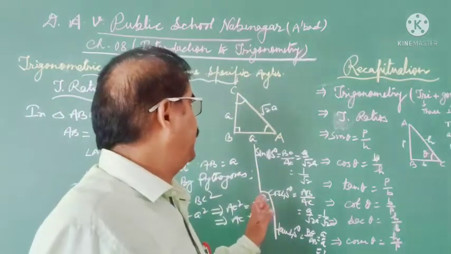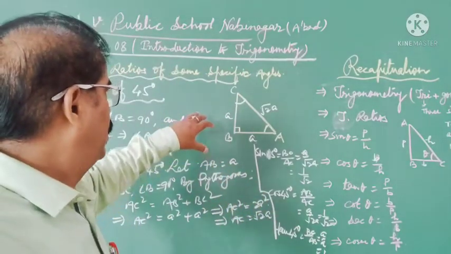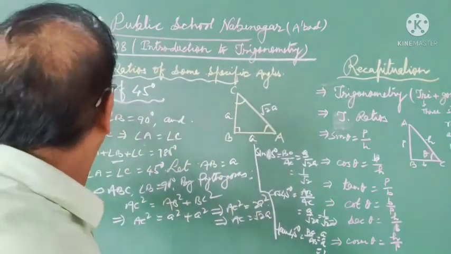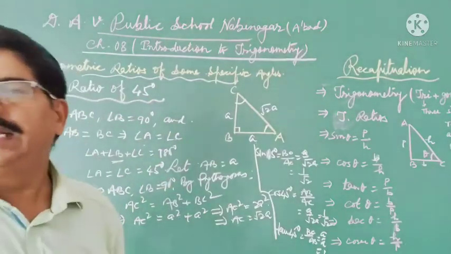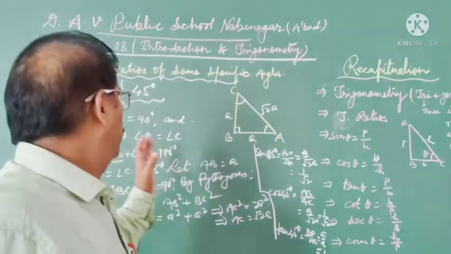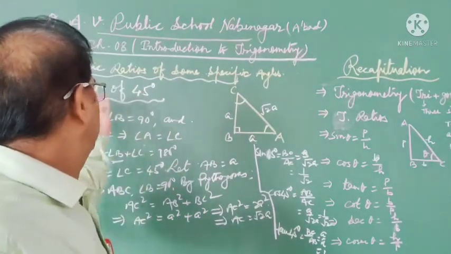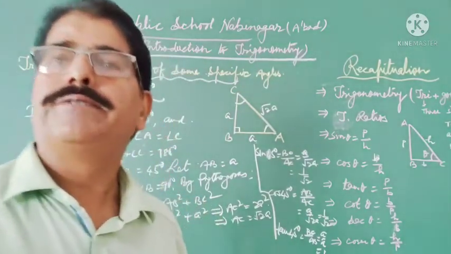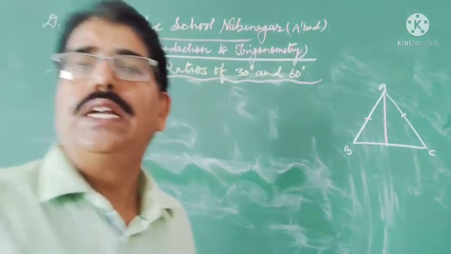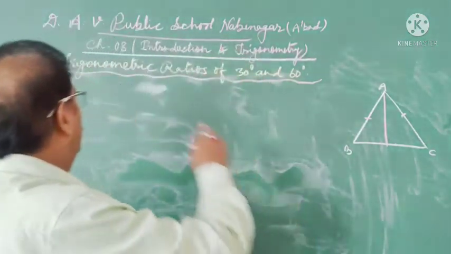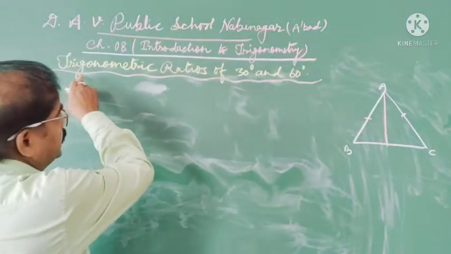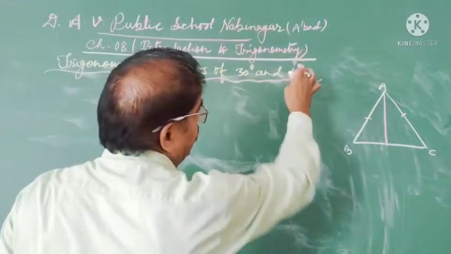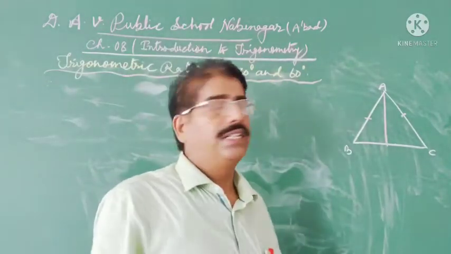And similarly, you solve in the same way T ratio of 60 degree. So next topic is finding T ratio of 60 degree. Dear students, now consider the T ratio of 30 degree and 60 degree.